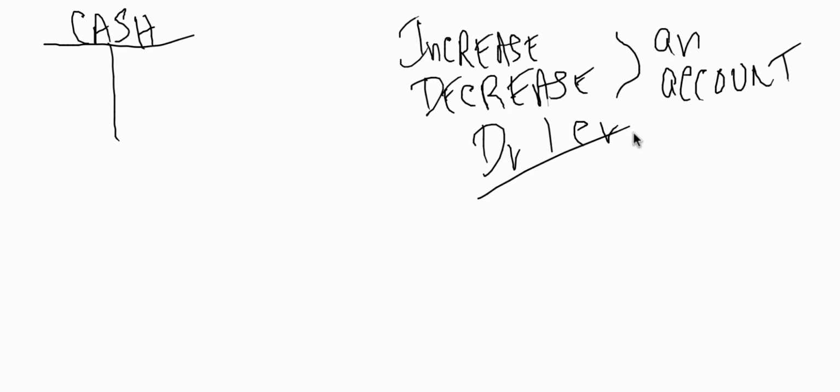I know my handwriting is not really good, but I'm trying the best I can here to be clear, because I don't want to confuse you at all. I want this to help. So let's talk about increase. I go to the bank and I deposit $100 in my cash account, okay? And I think everyone can agree that when I do that, I increase my cash account, right? All right, so I'm going to put 100 here.